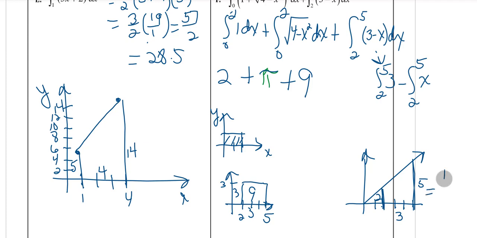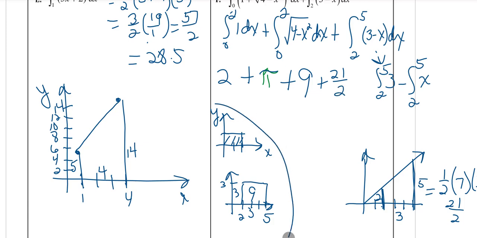So the area of this is going to be 1/2 7 times 3. So I'm going to get 21 over 2, so plus 21 over 2. So putting this together then, let me use a different color. I'm going to have 11 plus 21 over 2 plus pi.